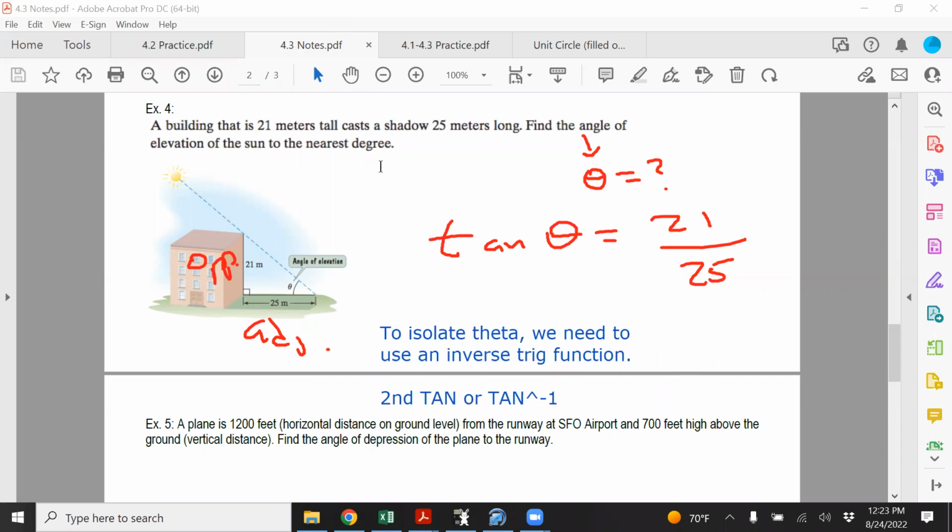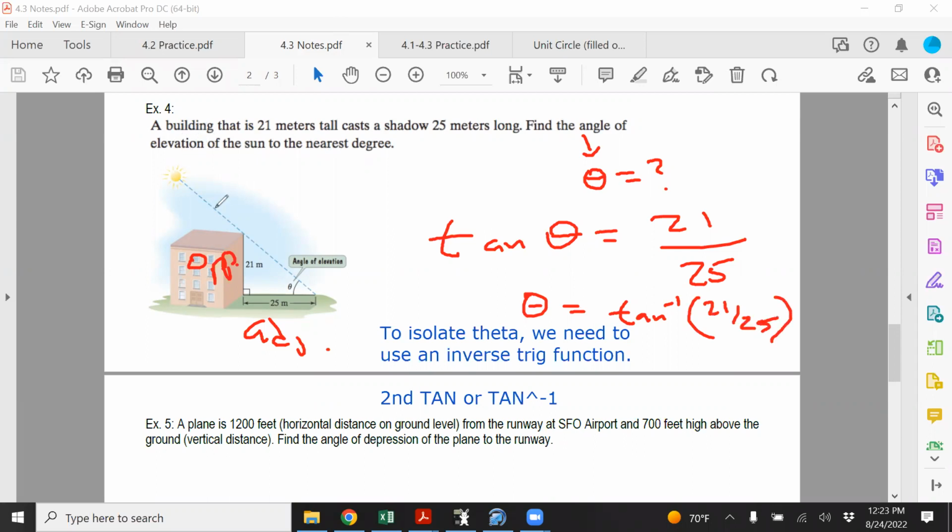So you hit second tan, or tan raised to the -1 power. So you're going to say theta equals tan raised to the -1 power of 20/25.